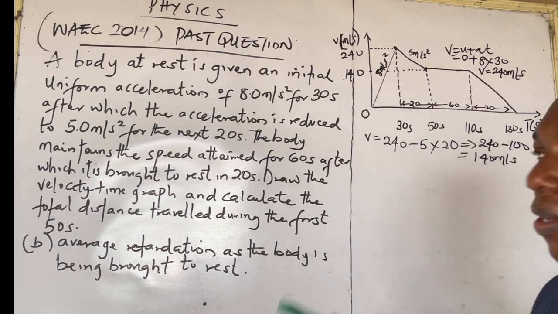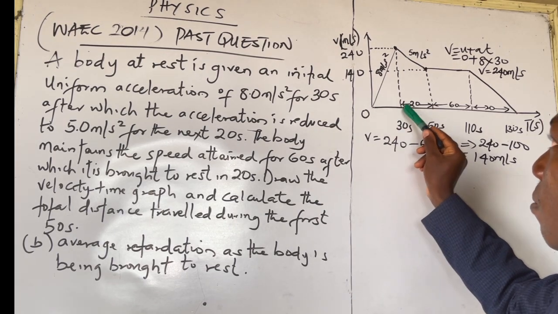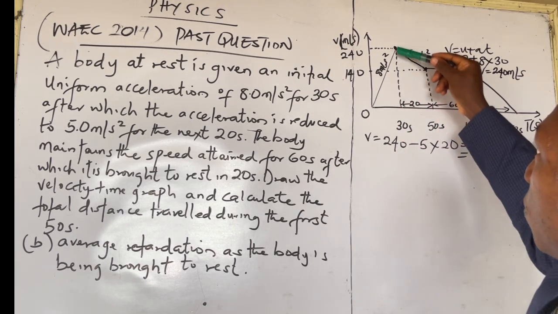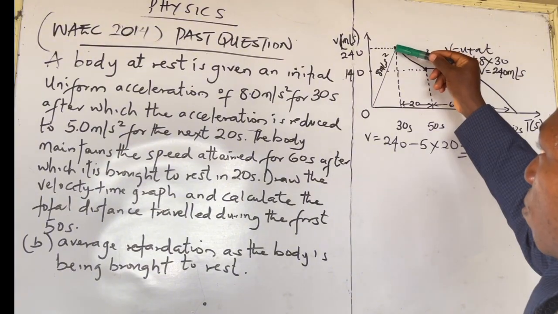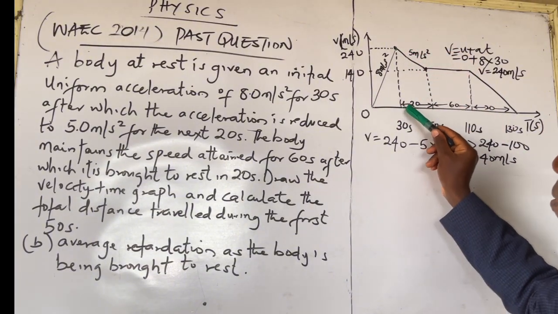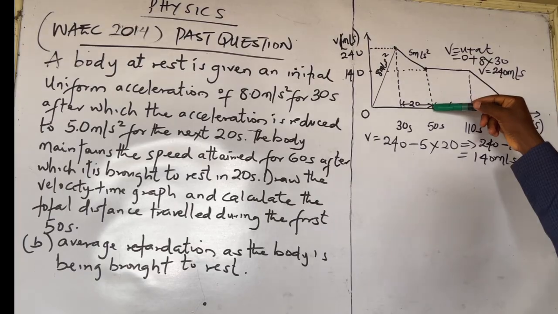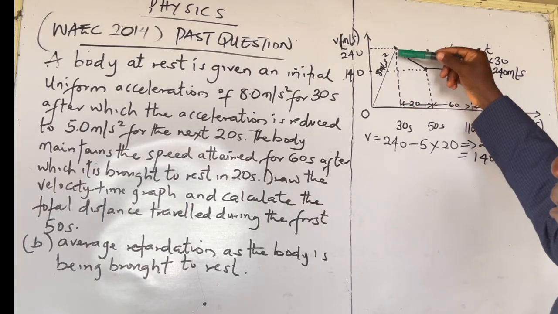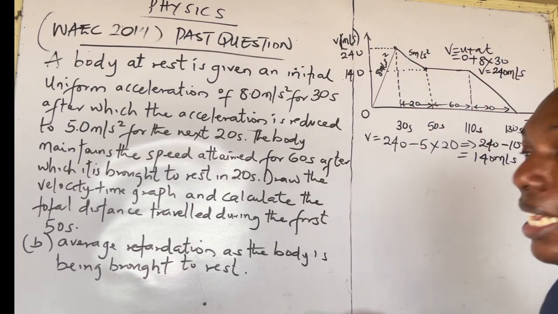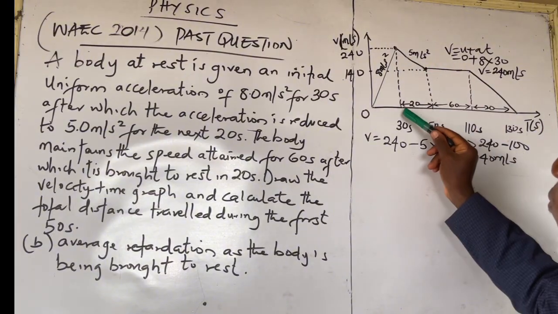So the base of this triangle is 30, and the height of this triangle is 240. The base of this trapezium, that's the A part here, is 140, and the B here is 240. The height of this trapezium is 20.